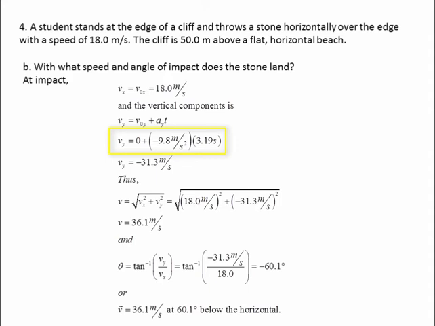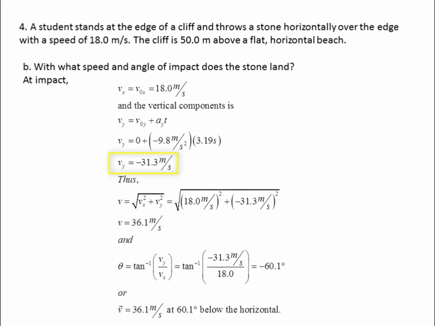Everything is in the x direction. Then minus 9.8 meters per second squared, that's our acceleration of gravity, times the 3.19 seconds that we calculated in part A. That was the time of flight for the rock to cover that 50 meters. So now we multiply this through, we have a velocity now that we've solved for in the y direction of minus 31.3 meters per second. Minus because the rock is traveling in a downward direction.